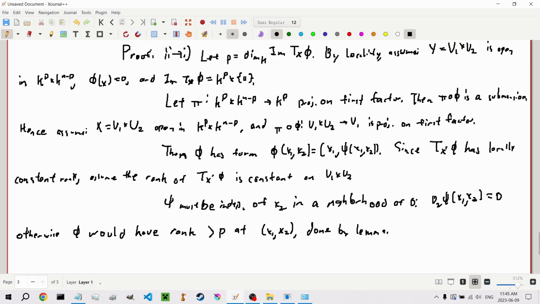Our lemma states: let f be a function from u times v to k such that d2 of f is identically 0.